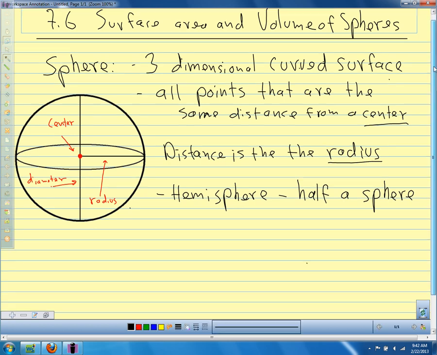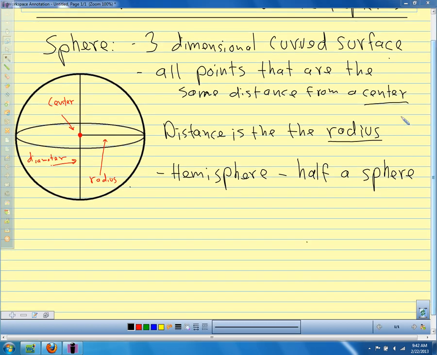If you look at maps, sometimes they try to make the globe flat, and you end up with a shape that looks like this on top, with your continents and oceans here, and then it splits, and there's some more stuff over here. That's one way they try to make a net for a globe, but because it's curved everywhere, it's really hard to flatten out. So we're not going to go into a lot of detail about where the formulas come from, like we did with the other shapes.